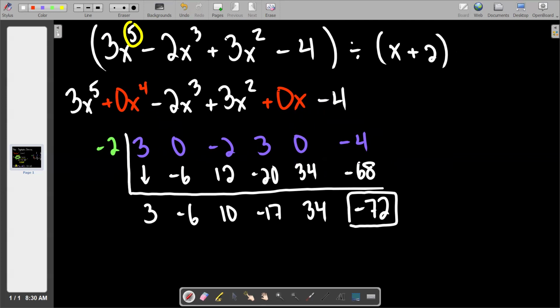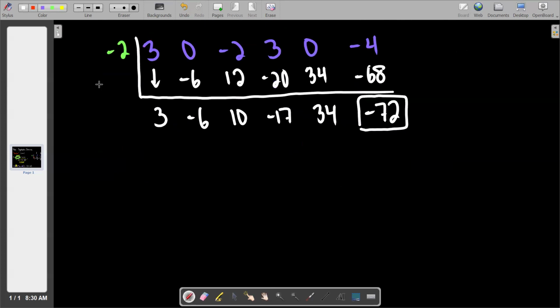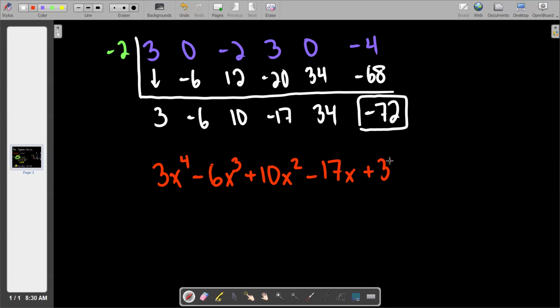So here comes our answer. 3x to the 4th minus 6x to the 3rd plus 10x squared minus 17x plus 34 plus -72 over x plus 2. Booyah.